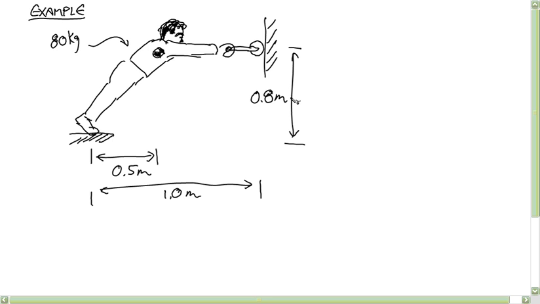So I want you to try to figure out what are the reactions at the points of contact between the floor and the wall and the person.